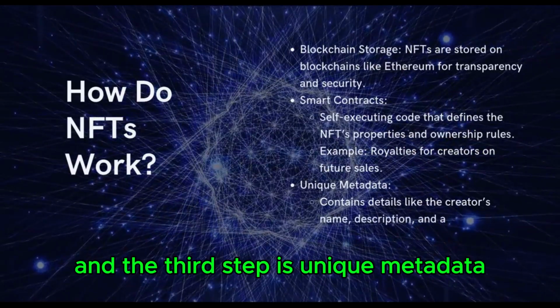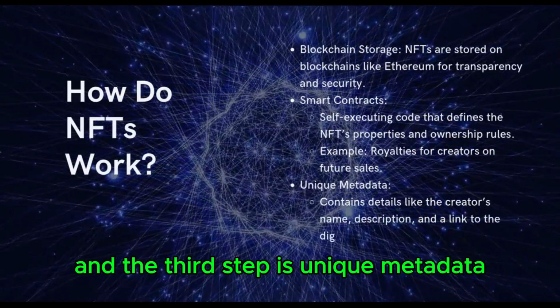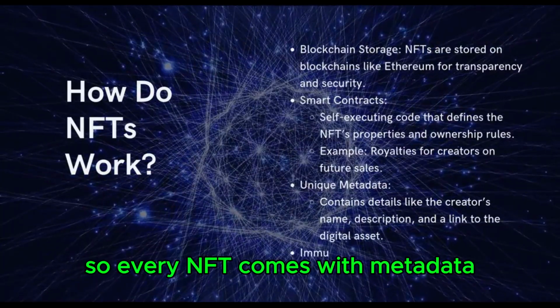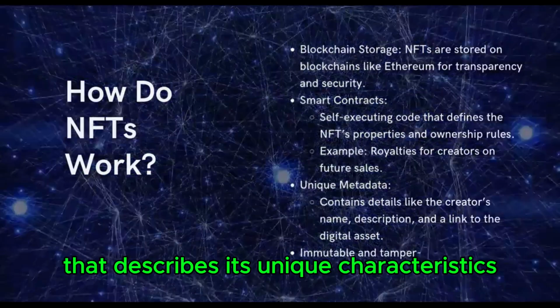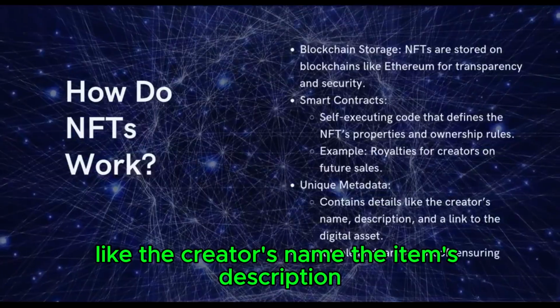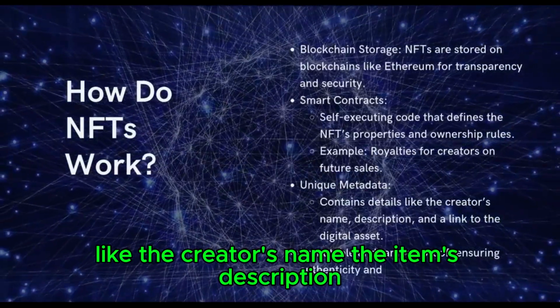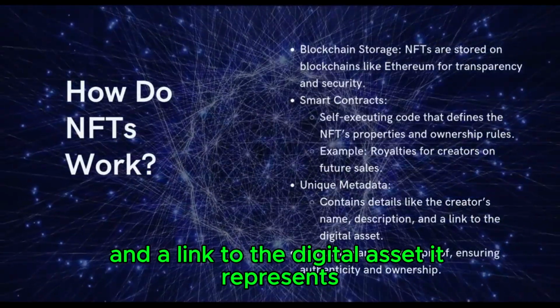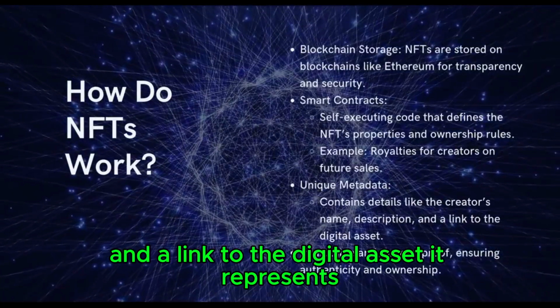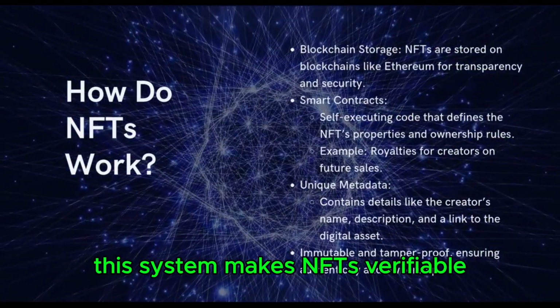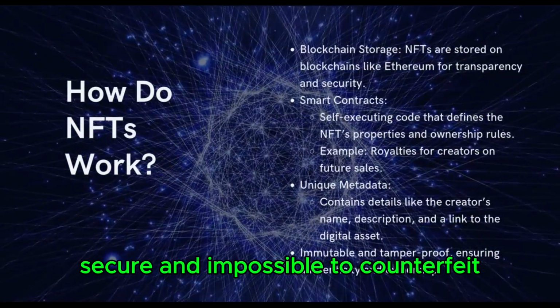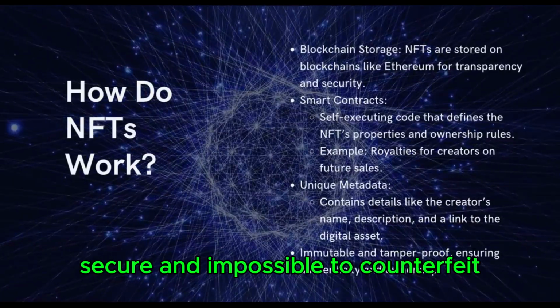And the third step is unique metadata. So every NFT comes with metadata that describes its unique characteristics, like the creator's name, the item's description, and a link to the digital asset it represents. This system makes NFTs verifiable, secure, and impossible to counterfeit.